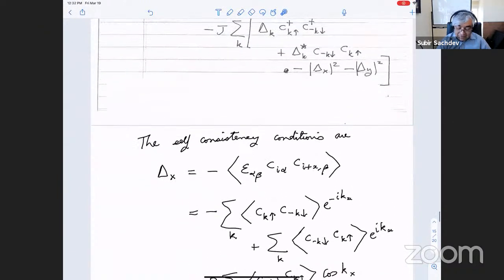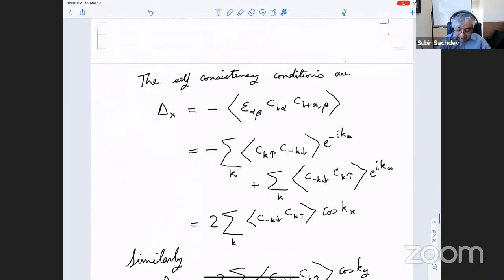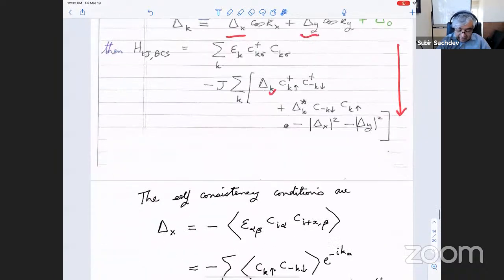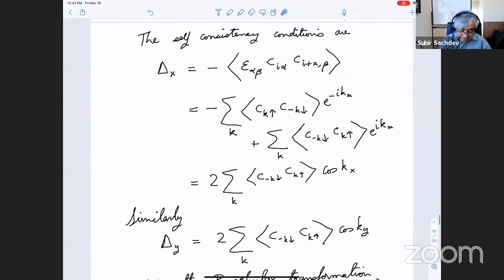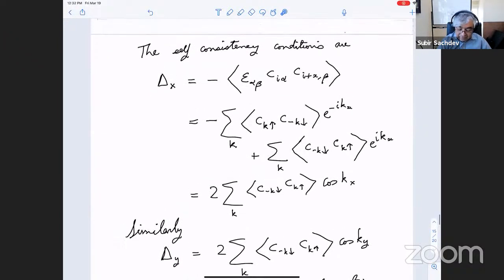All right, so then what? So you have this. This is a Bogoliubov Hamiltonian, exactly as before, except delta is a function of k. And then delta k is equal to this function of delta x and delta y, and delta x and delta y are equal to this expectation value, which after taking a Fourier transform becomes this.